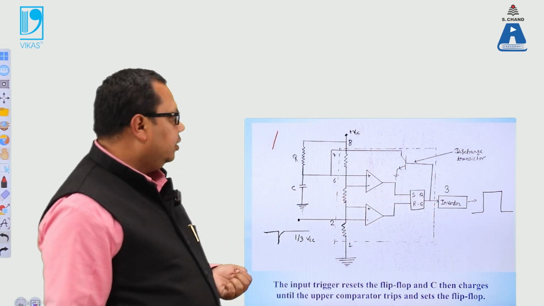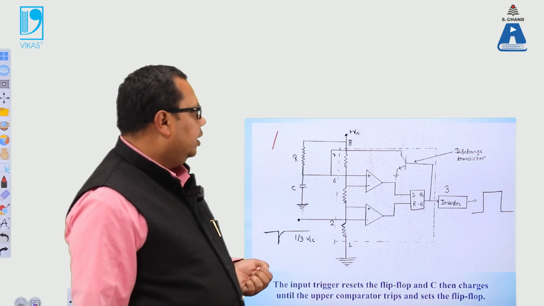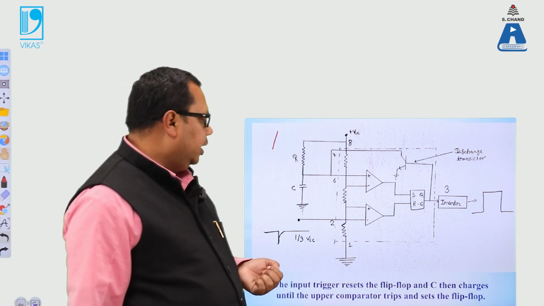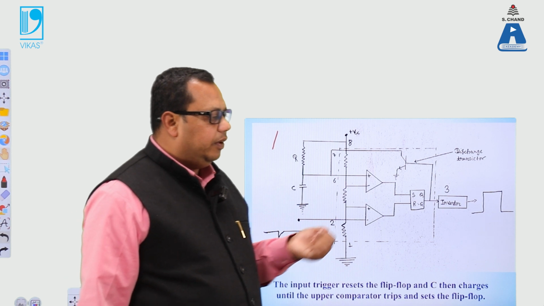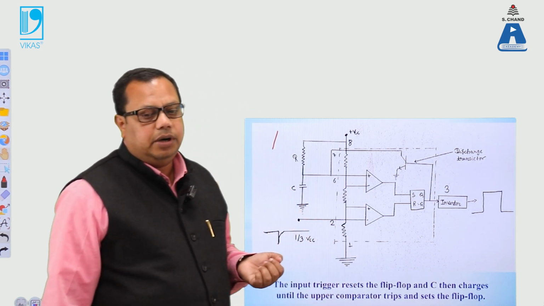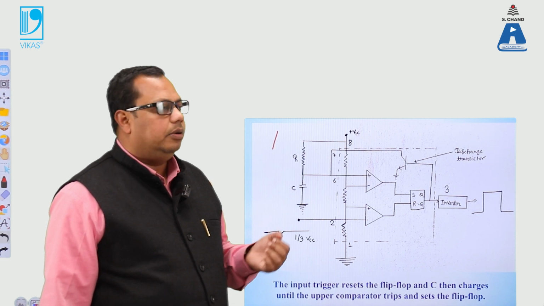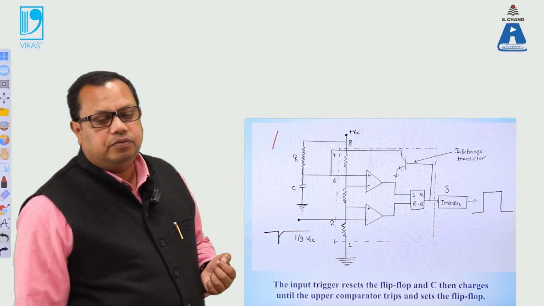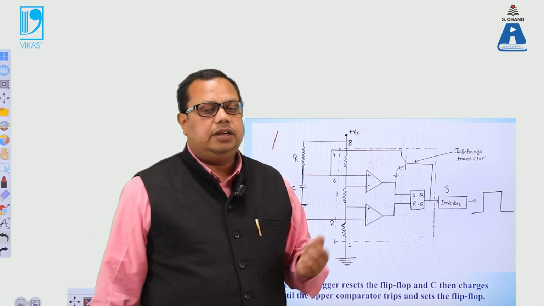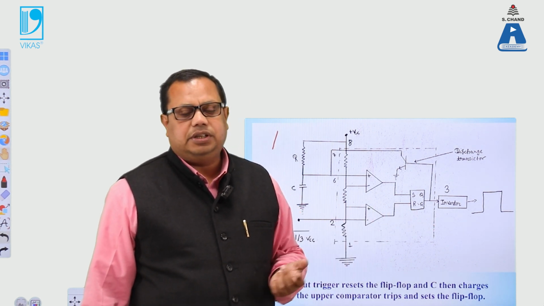So multivibrators are generally used for monostable, bistable and astable mode. We can even learn here how multivibrators can work in flip-flop mode also. The idea is that first we form the small components like diodes, transistors and all that.